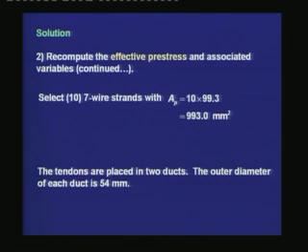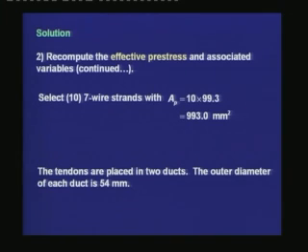We have recomputed the prestressing force, and we found that it is very similar to our estimate under preliminary design. Hence, the amount of prestressing steel remains the same, which is 960 millimeter square.